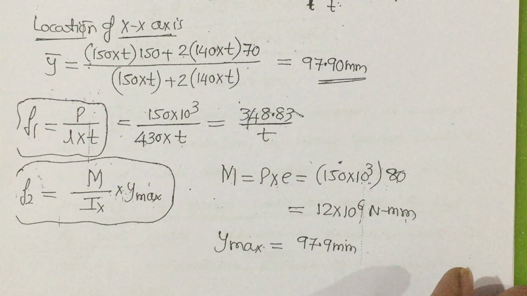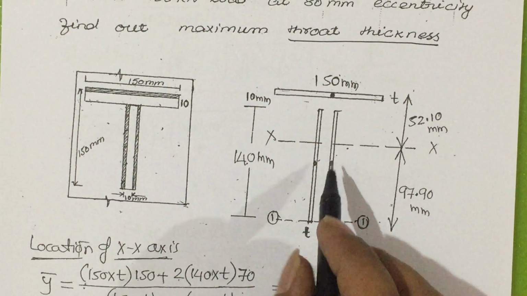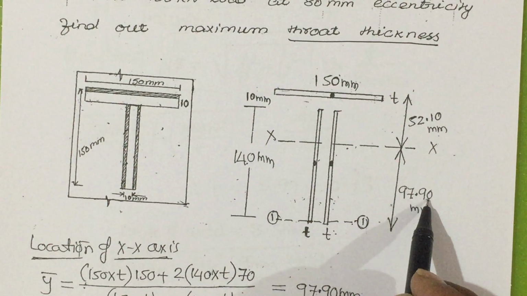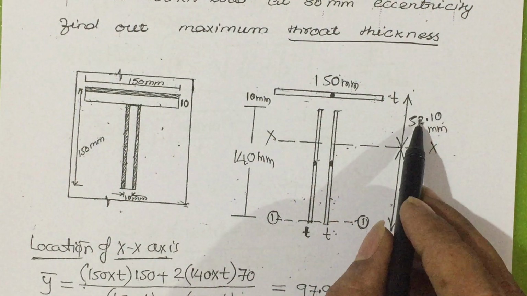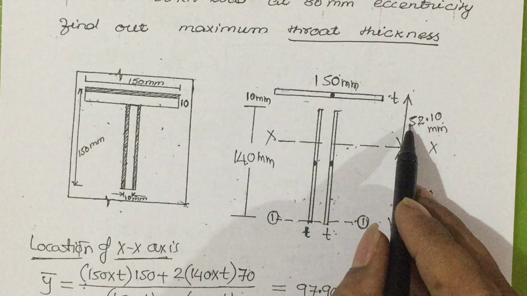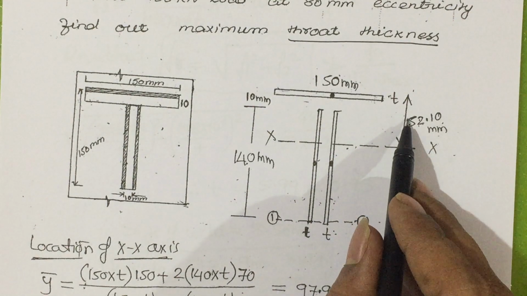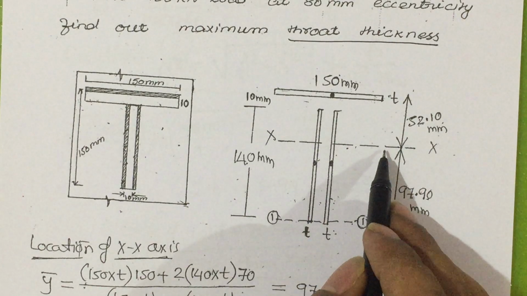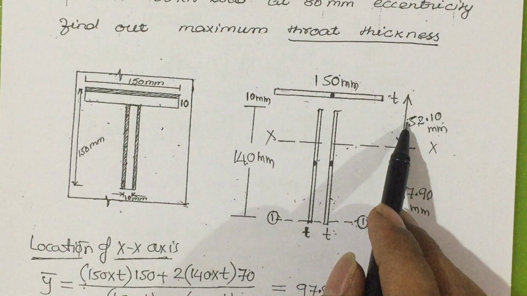Then y maximum. Once you have calculated the y bar from the reference axis, the distance is 97.9. From the x-axis to the top fiber it is 52.1. Which one is maximum here? This is yc and this is yt, nothing but the distance of the compression fiber from the x axis and the distance of the tension fiber from the x axis.